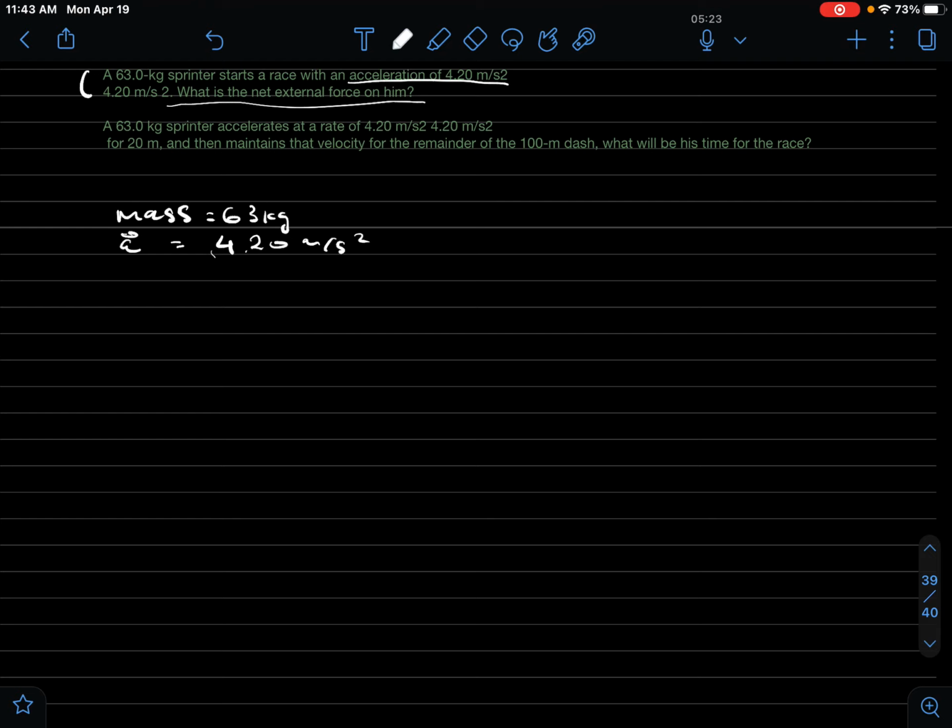For this, you can just solve it like this. The net force is equal to mass times acceleration.